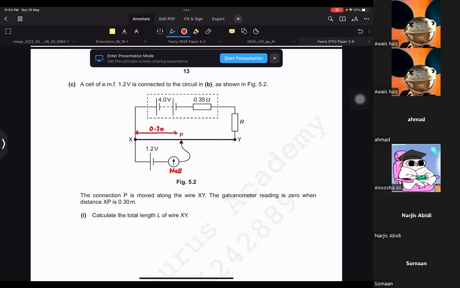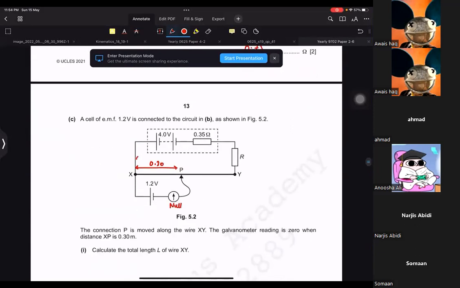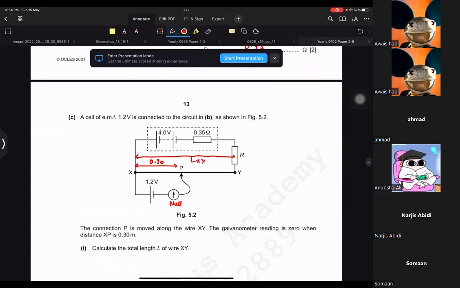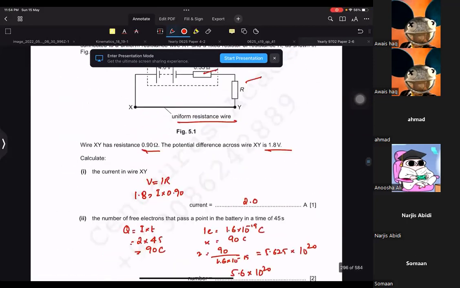Now, we already have the potential difference of this, so we want to find this length XY. For the potentiometer, I told you the equation: voltage XY over voltage XP equals length of XY over length of XP. So that's the ratio. Voltage in XY is 1.8.